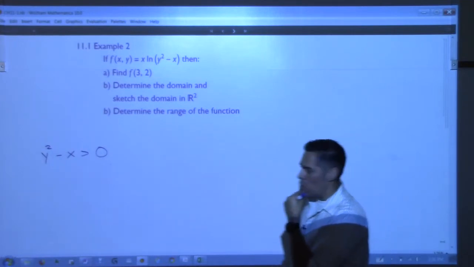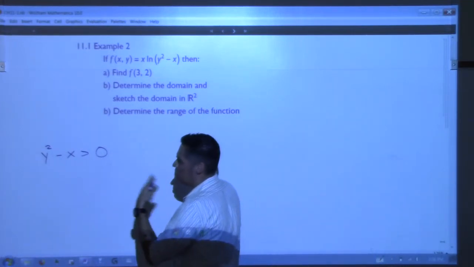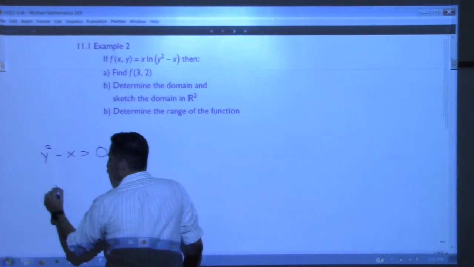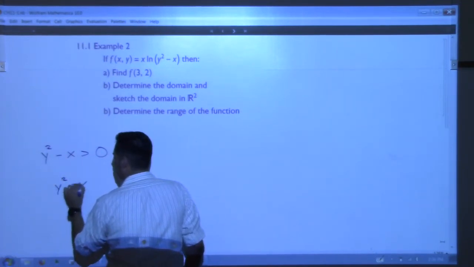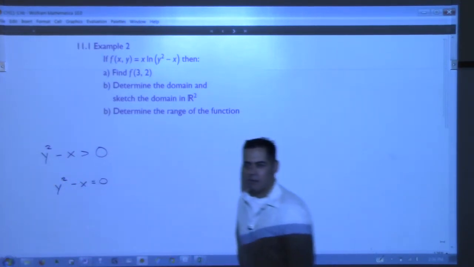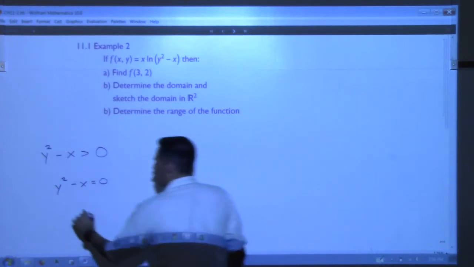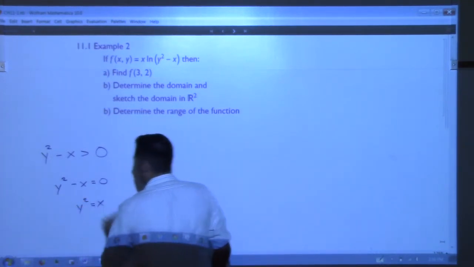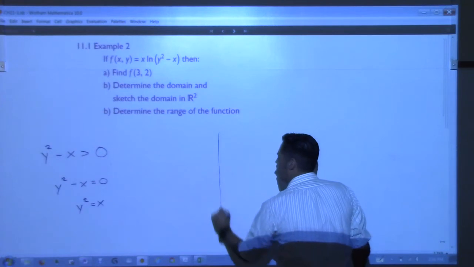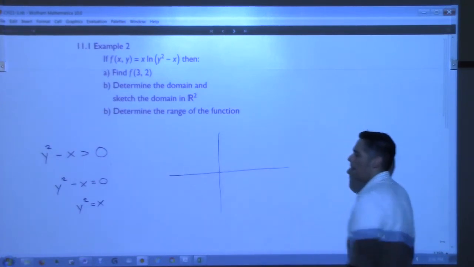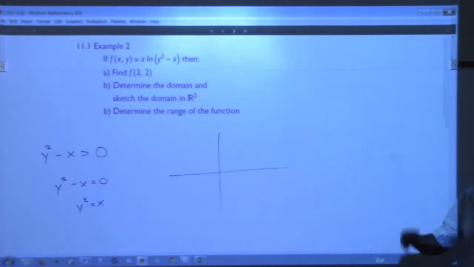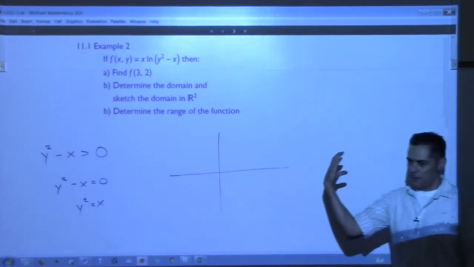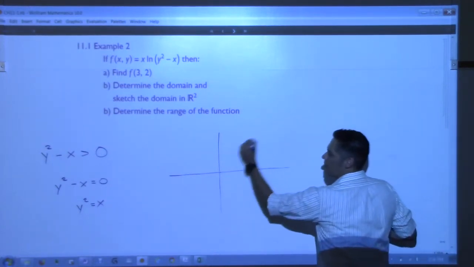It's a quadratic inequality. How do we solve quadratic inequalities? We first turn it into an equation, and then we move the x over, and we ask ourselves, do we know what that looks like? It's a parabola, but it opens up sideways like this.